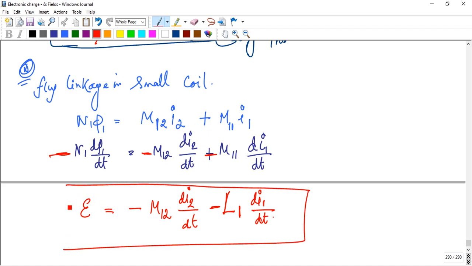That's the final expression. These are for self inductance, and these are for mutual inductance. Clear? So that's the mutual inductance.